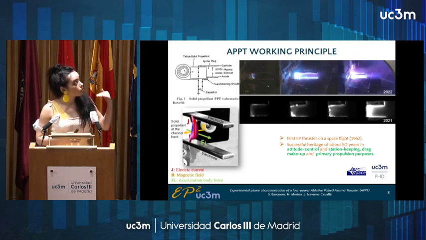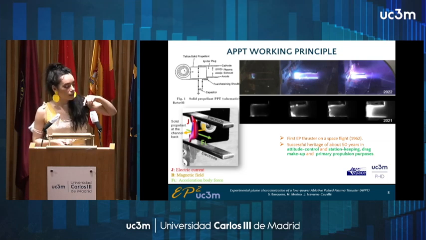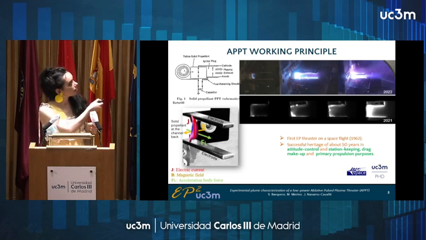Why? Firstly, because we have an absence of moving parts. How does it work? We have 2 electrodes that extend, forming an acceleration channel, in this parallel rail configuration, which is the one we are working on, and they are spaced by a propellant.